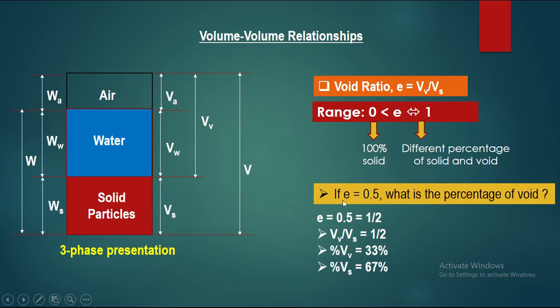Now an almost similar question. If e, the void ratio, is equal to 0.5, what is the percentage of void? If e is equal to 0.5, the ratio is 1 by 2. That means the volume of void is 1 when the volume of solid is 2.